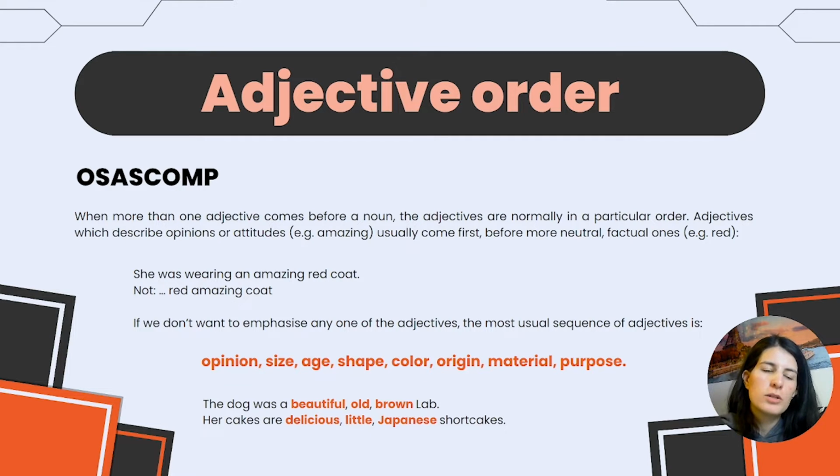If you don't want to emphasize any specific adjectives, the most usual sequence of the adjectives is first, opinion, what you think of something. Then the size of something, is it big or small, short or long? The age of something, old, young, middle-aged.